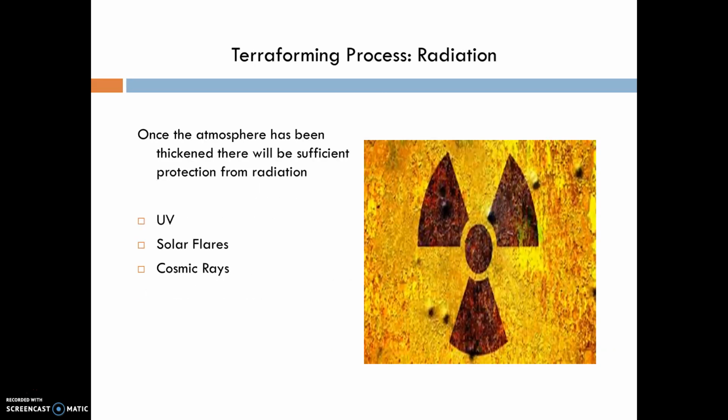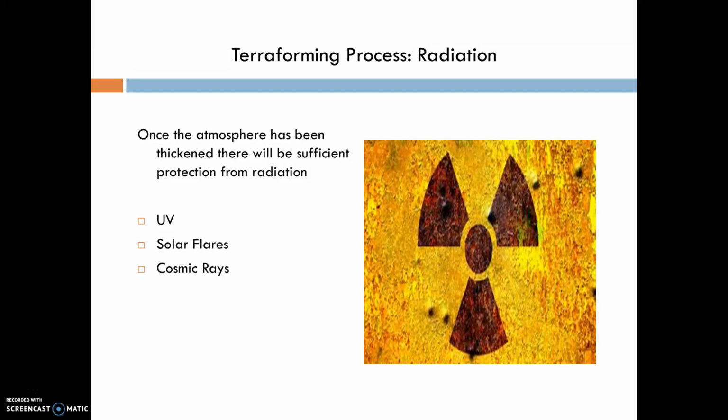And the last step of the terraforming process is radiation. We wouldn't be able to survive the surface of Mars because of its radiation, even with the suits on. We would just be cooking inside out. The suit will protect us from radiation, but once we're out of the suit, inside of the structure of Mars, we will still burn.